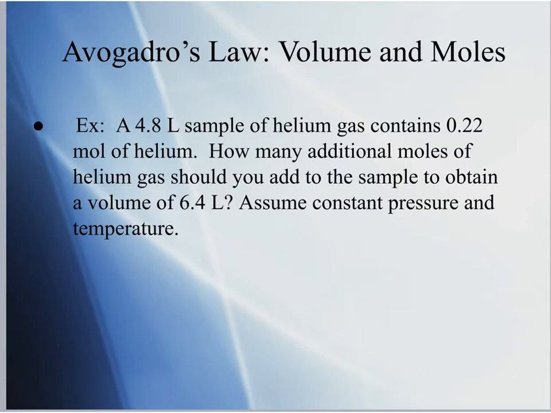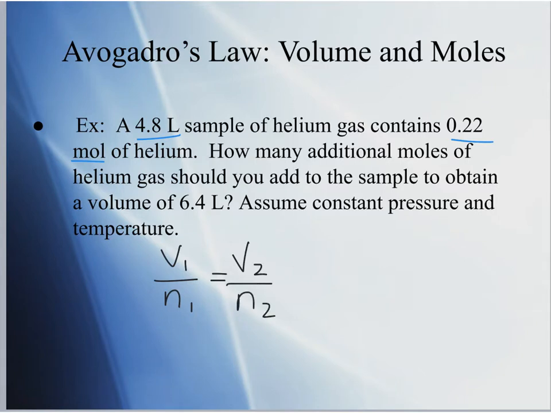So we're starting with 4.8 liters of helium gas and 0.22 moles, so that's our V1 and our N1. If we write out our equation first off, we have V1 over N1 equals V2 over N2, right?